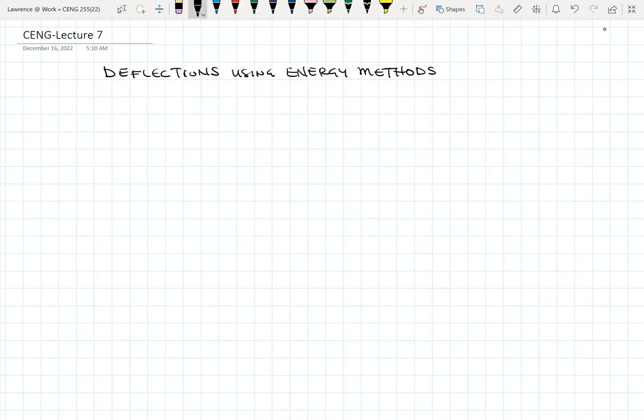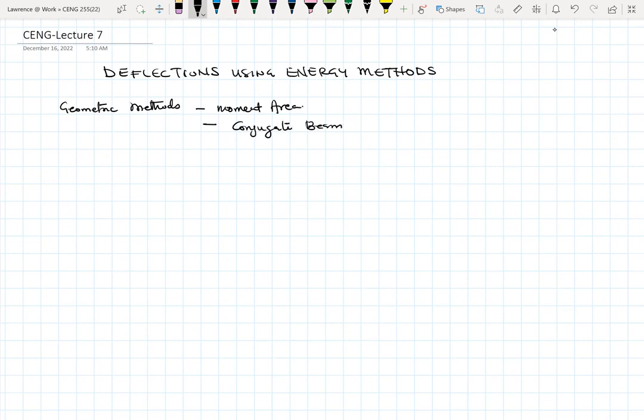If you look at the moment area method, and also the conjugate beam method, we usually had these geometric methods. So I think we had the moment area and also the conjugate beam.